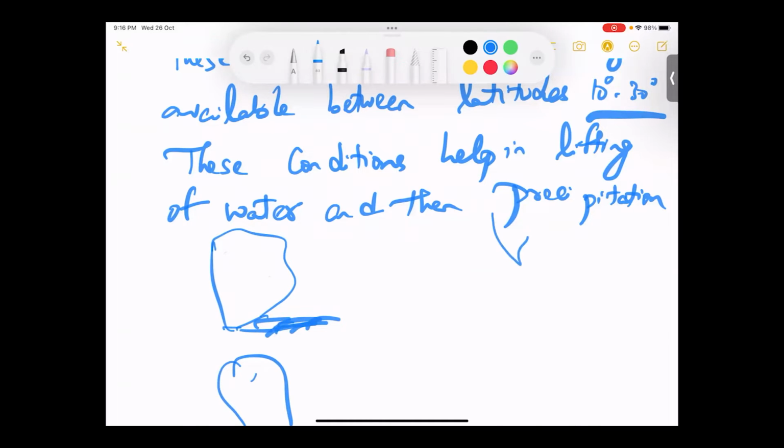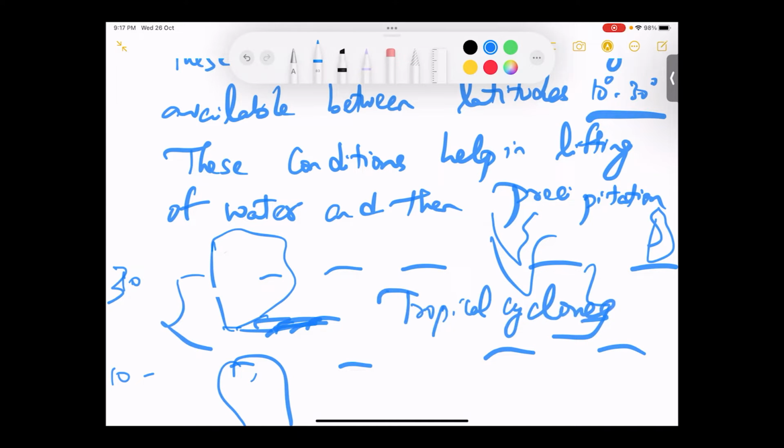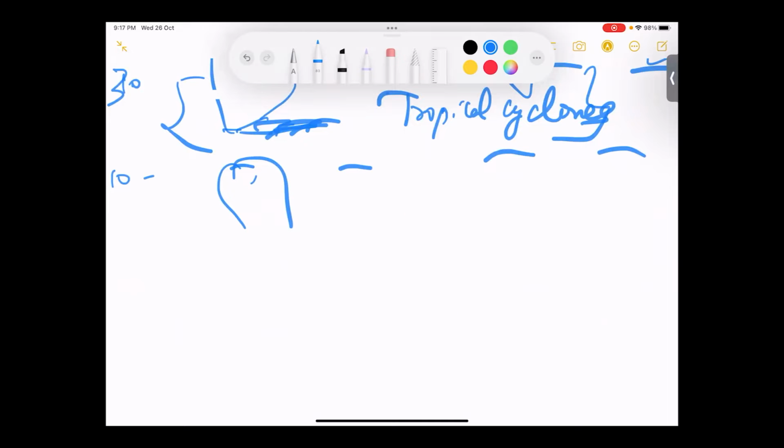India will be somewhere here, not so high, and this is the Bay of Bengal. Then this is the South China Sea. You can say that all three are in the same latitudes, that is 10 to 30 degrees, so this area is prone to tropical cyclones.